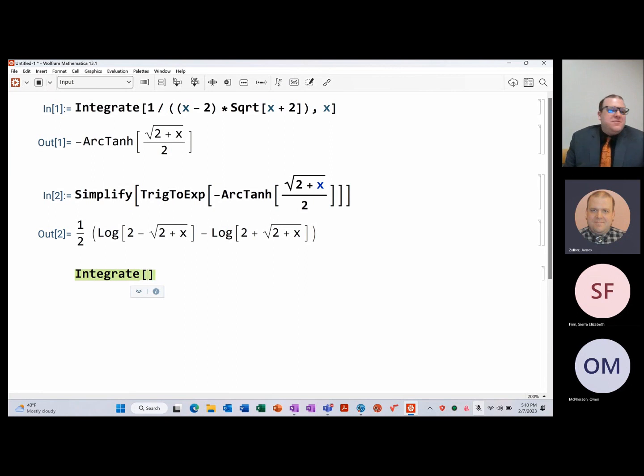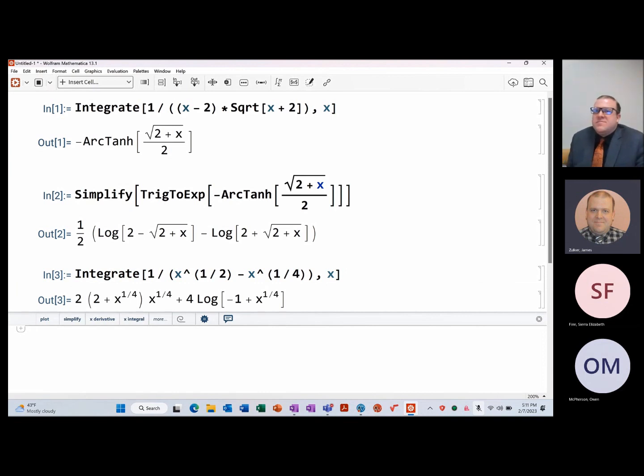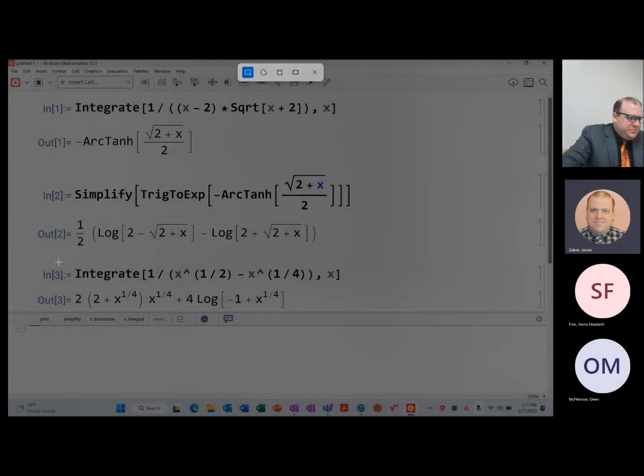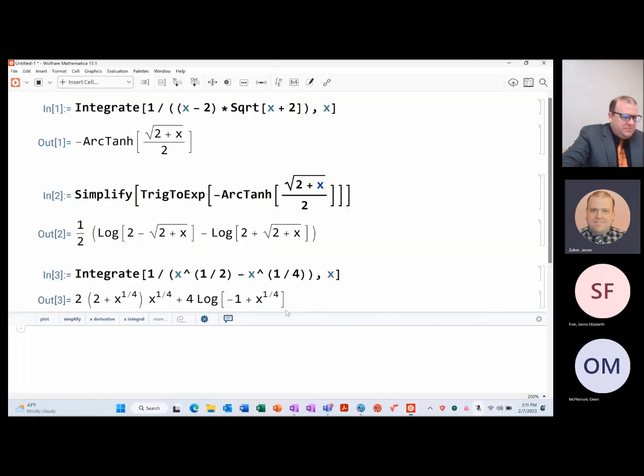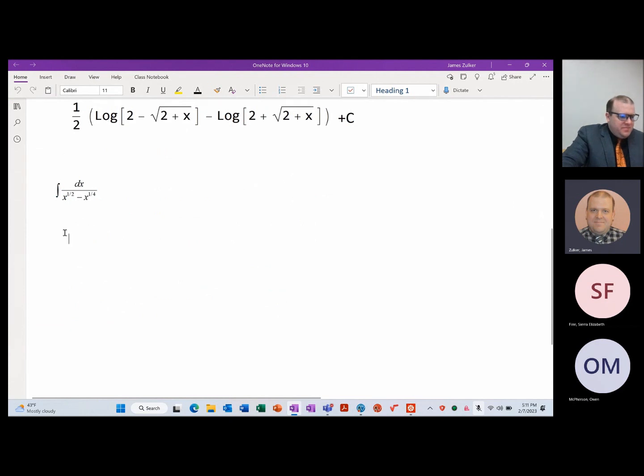So Integrate, we want the function, x over, use parentheses, x to the 1/2 minus x to the 1/4, and then with respect to what, x. Whatever, that's good enough.